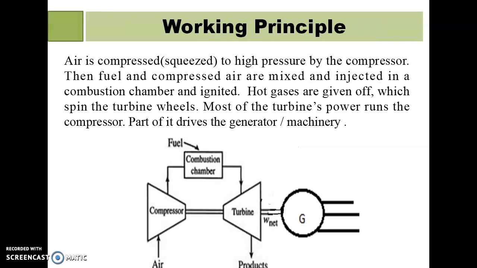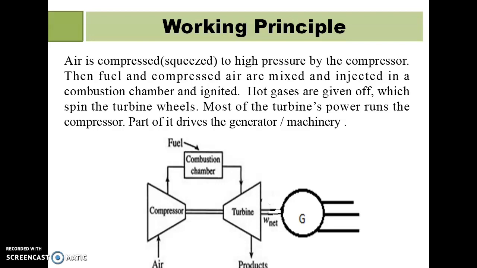Now we'll see the working, or working principle, of the gas turbine power plant. This power plant consists of three main components: compressor, combustion chamber, and the turbine, that is the gas turbine.